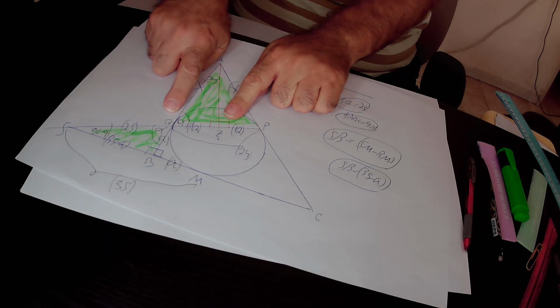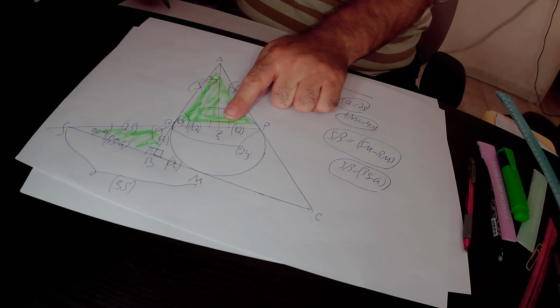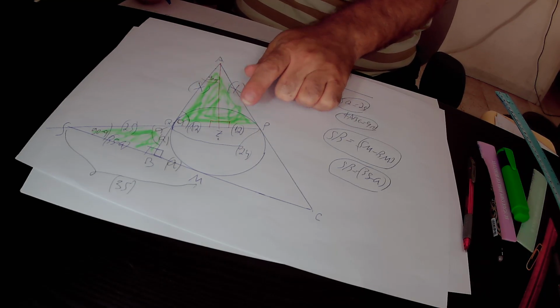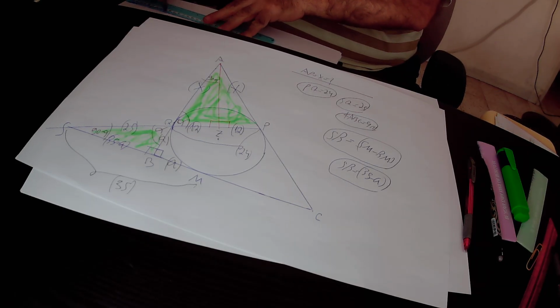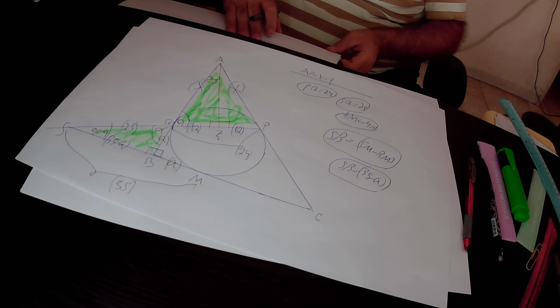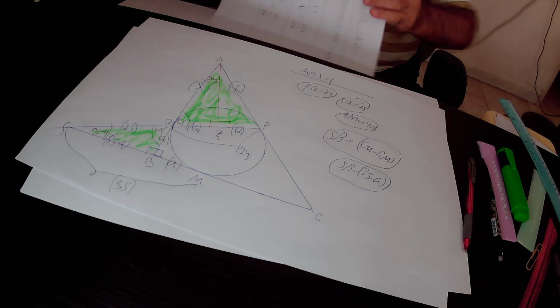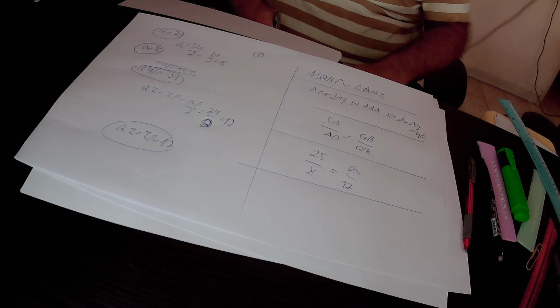QZ equals 12 according to rule 21. So QZ equals 12. So in total, we found out that 25 over x equals a over 12.